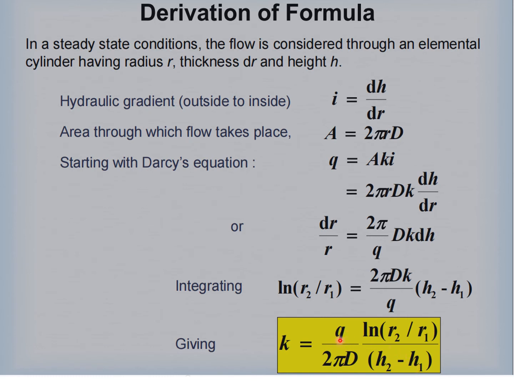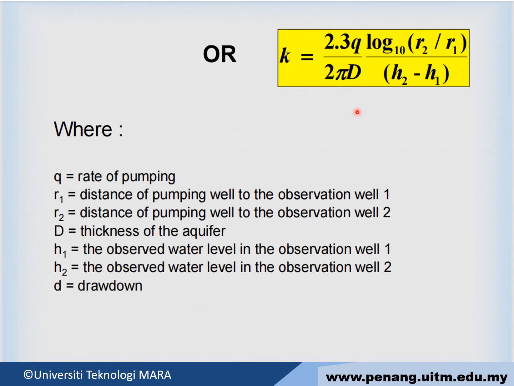Q is the discharge, D is the depth of aquifer, R1 and R2 are radial distances, H2 and H1 are the heights. You may use this equation: K equals 2.3 Q over 2 pi D, times log10 of R2 over R1, divided by H2 minus H1.